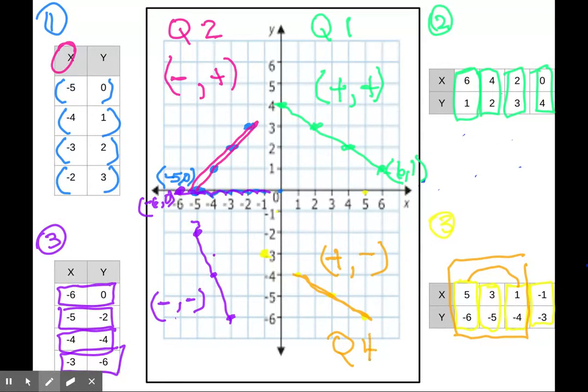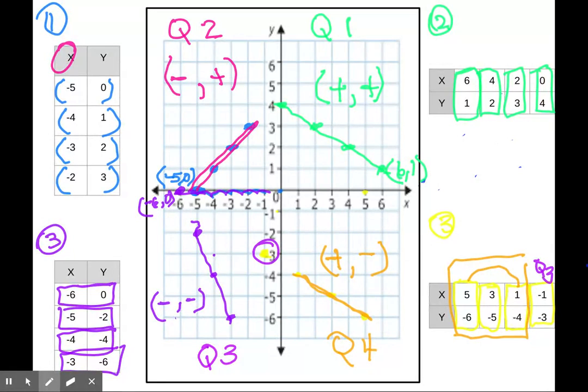This was quadrant 3, sorry. So those are in quadrant 4, and if you notice this one little yellow one right here happens to be a -1 and a -3, which is in quadrant 3.